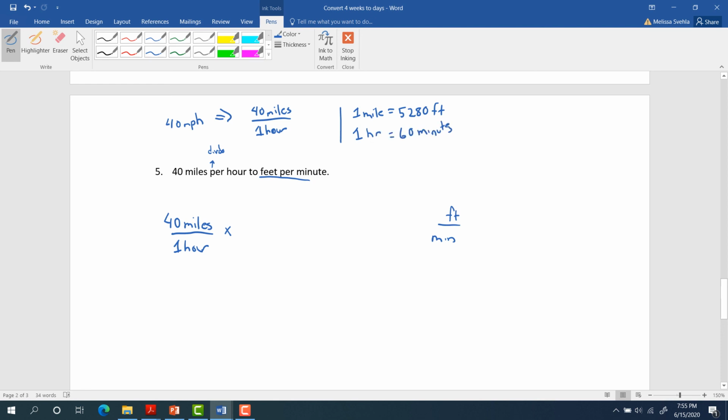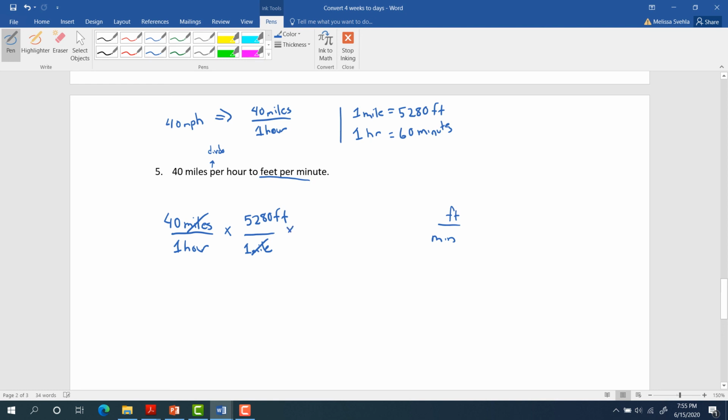Now you just want to think about how to cancel this. I'm going to put the 1 mile on the bottom, so the miles will cancel. I get 5,280 feet, so I have feet on top, which is good. But now I need to get rid of the hour. I realize 1 hour is 60 minutes.